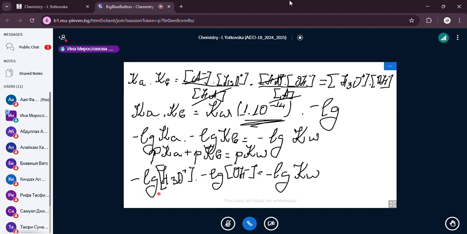For the second equation, we obtain that pH plus pOH is equal to pKw.